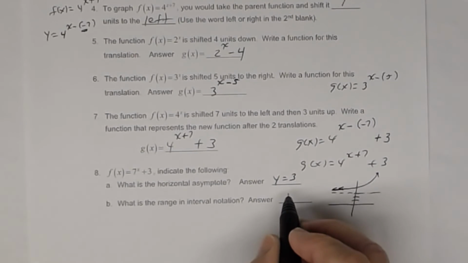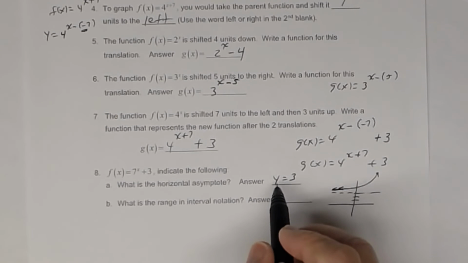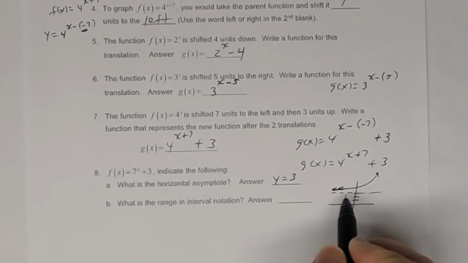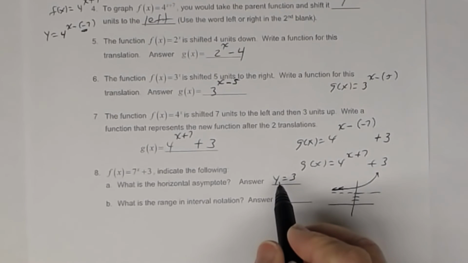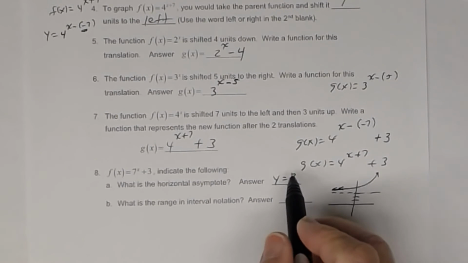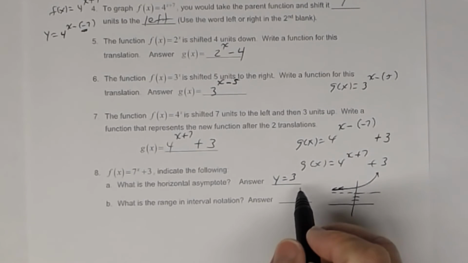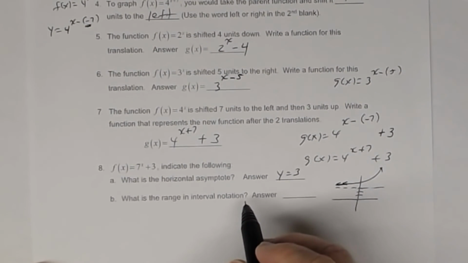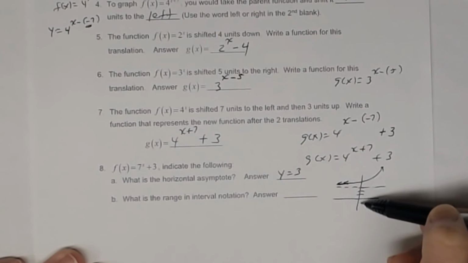And remember, whenever you list a horizontal asymptote, the horizontal asymptote is a line, so you must name this line. So don't just put 3. You've got to say y equals 3. That's the equation of that line. That's the name of that line. The range, remember, is the set of y coordinates.